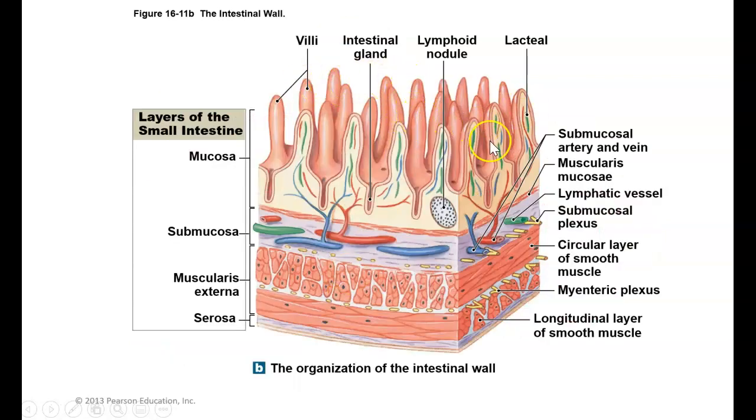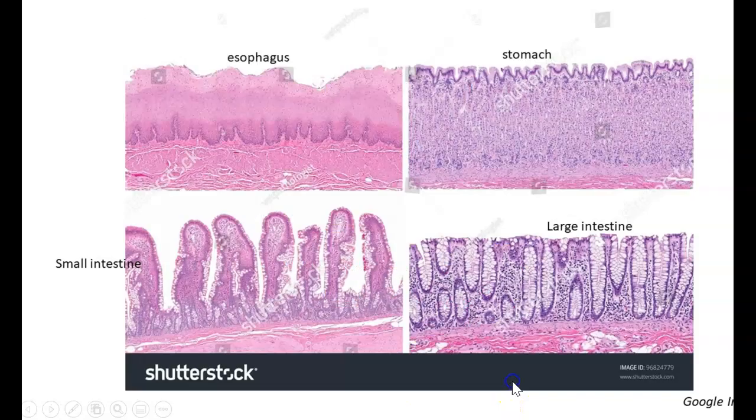Again, another photo here: within each villi you can see it's got the blood vessels, and it's got the lacteal, which is going to be used in digesting fats. And again, in this picture, we've looked at the esophagus and the stomach. You can definitely tell the small intestines because of the villi projections that are coming out here.